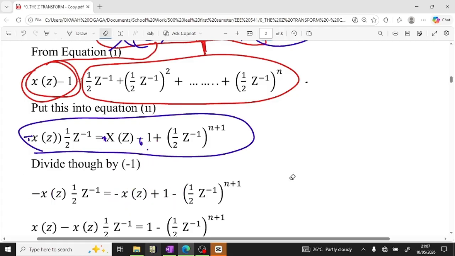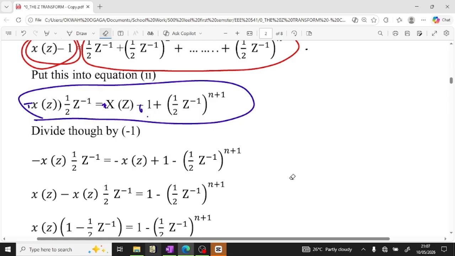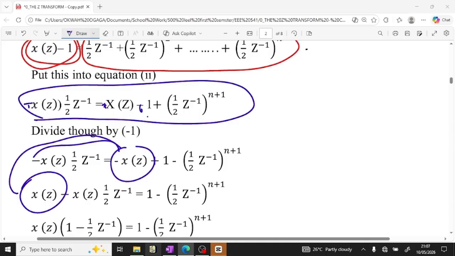So now, when you move x of z to this other side, look at it now. It's now on this other side. When you move it here, this minus now becomes plus. If we had not divided by this minus, by the time we move it, it would show minus, which is what we don't want.